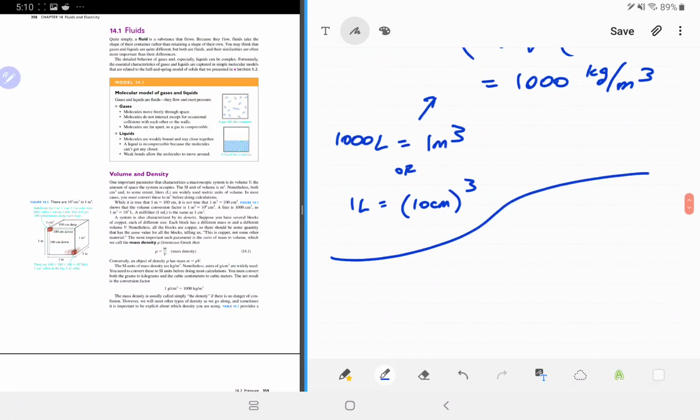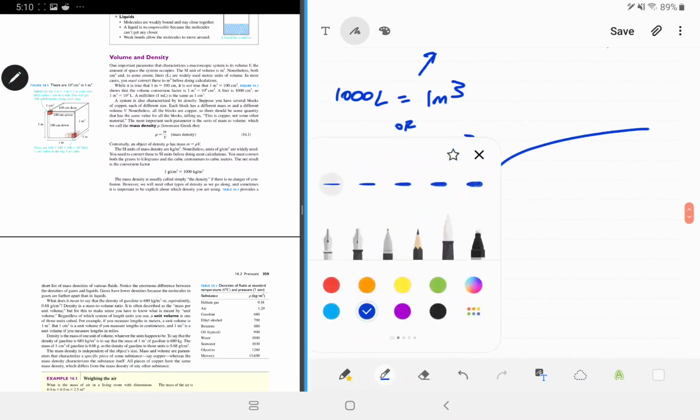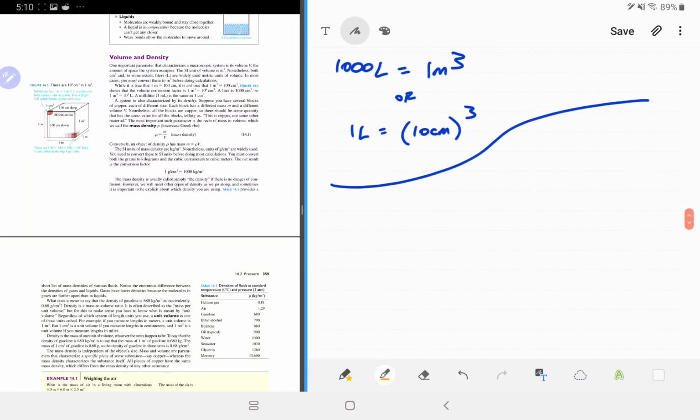Okay, something I want to mention now that's not really emphasized in the book, but that will be useful later for thermodynamics, is the difference between an extensive and an intensive variable.